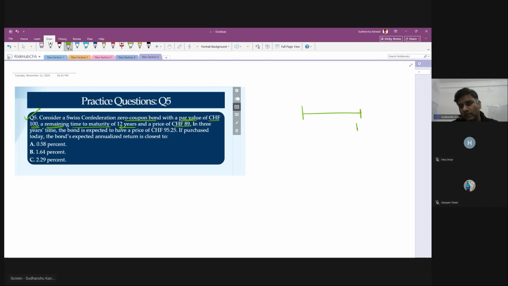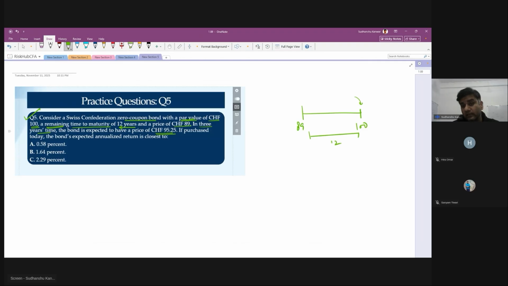So the value at the last you will get is 100. 12 years are pending. Today the value is 89. In 3 years' time, the bond is expected to have a price of CHF 95.25.